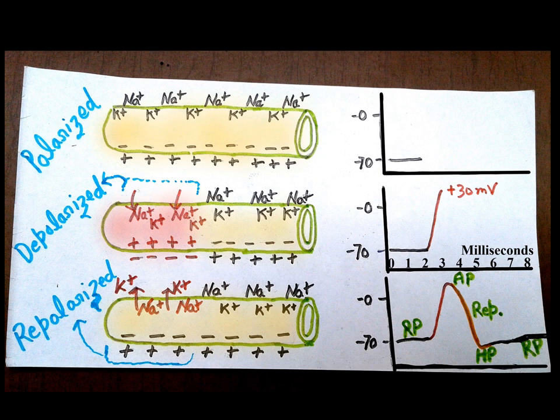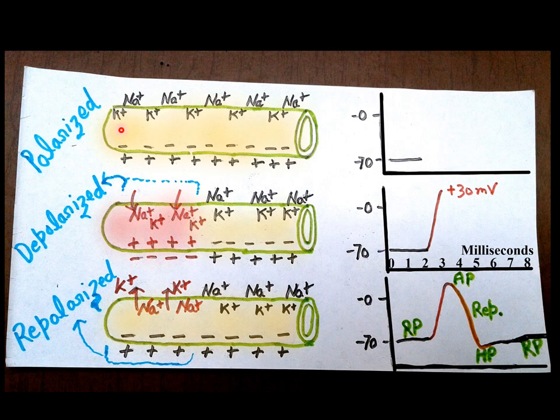The left side of the figure shows the trigger zone of the axon where action potentials are generated. A stimulus below the threshold level is called a graded potential. At resting conditions, voltage-gated sodium channels are closed and the membrane is polarized, having a membrane potential of about -70 millivolts.